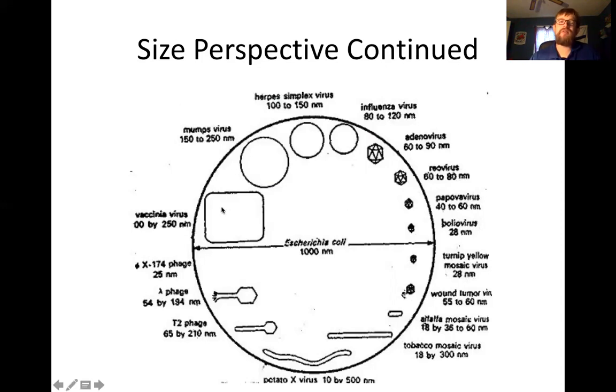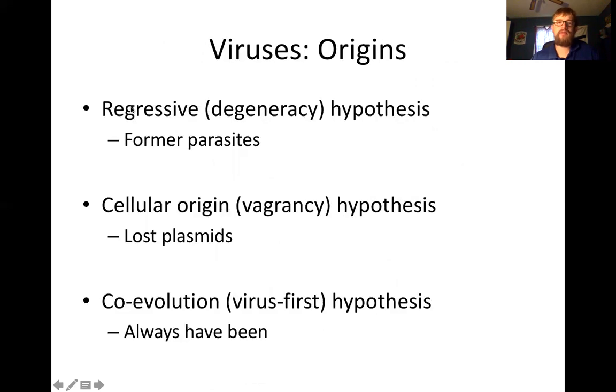And here you can see that even some of these larger viruses are still very small compared to the size of E. coli. And one of the other things you can probably see is that viruses come in not only different sizes, but different shapes.